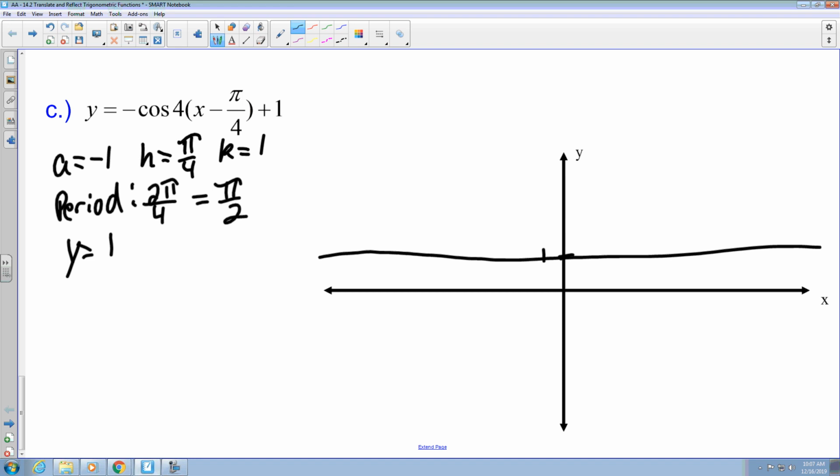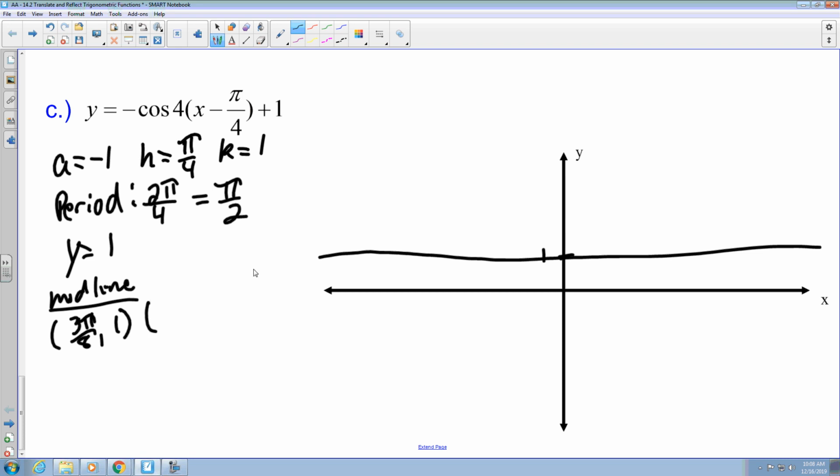Next, I'm going to find those coordinates. So my midline points are going to be, first off, 1/4 times pi over 2, which makes it pi over 8. And then pi over 8 plus pi over 4 will get me 3 pi over 8, comma, k, which is 1.